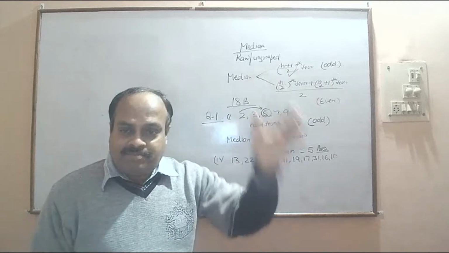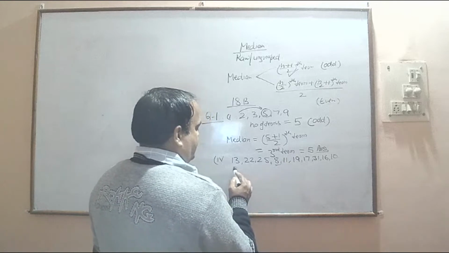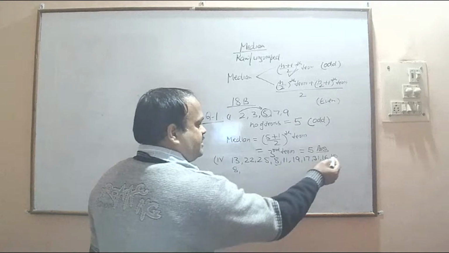So let us arrange them. The smallest one is 8. Then next to 8 is 10.